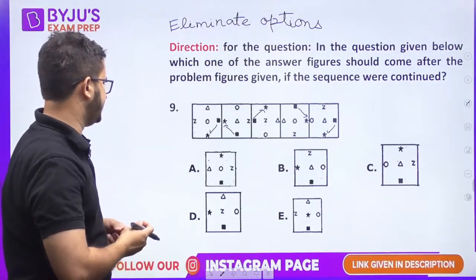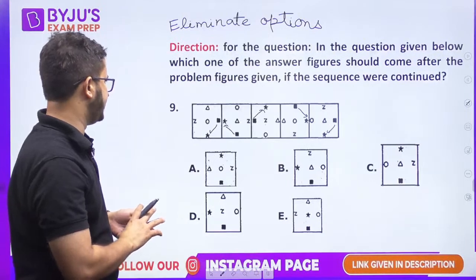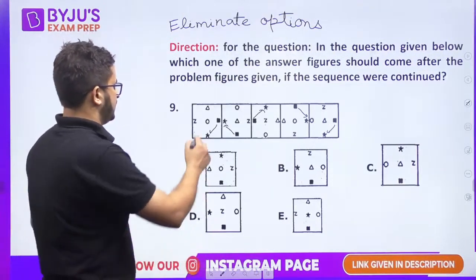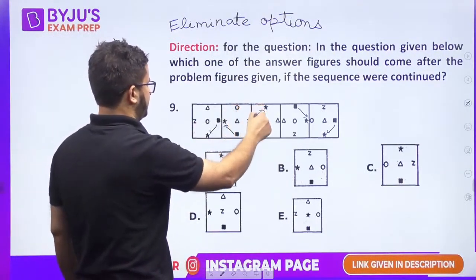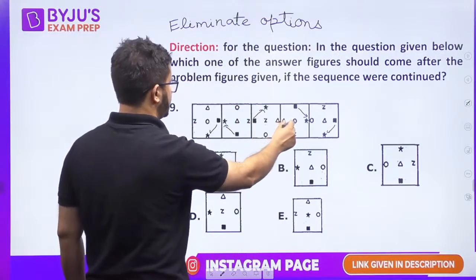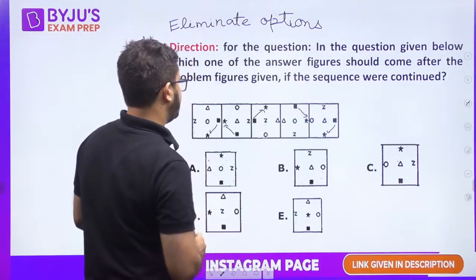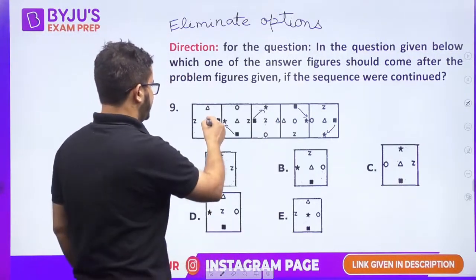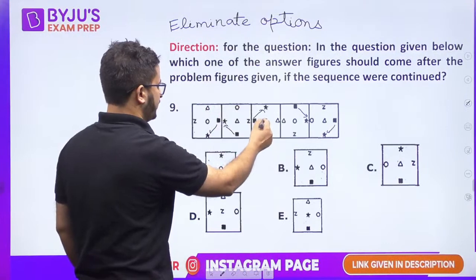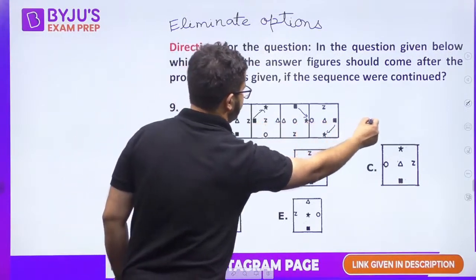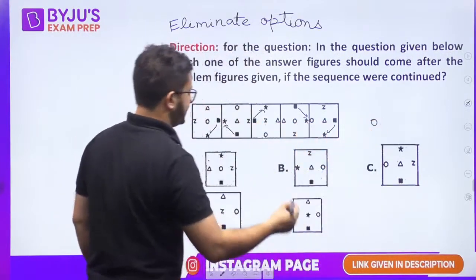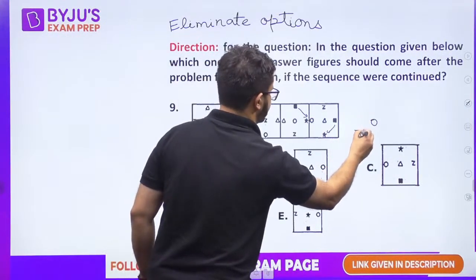Let's look at, let us say, the central image. This went up, this came down, then this side, then this side again. If it is going up, then it is coming down. Then center, then it is coming left, so it should go to the right side. Ideally it will be on the right side.